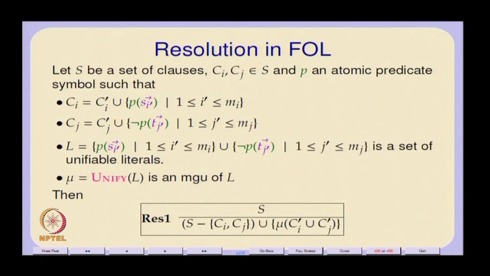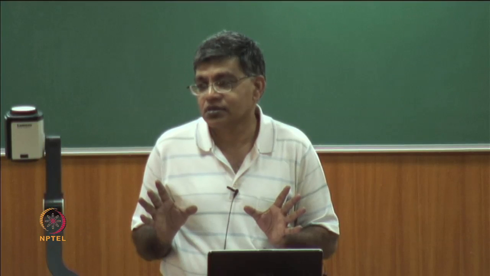But here it is deliberate. It is not even that you choose all possible terms with P in it here and all possible terms with not P in it here. No. It is not even that you choose a maximal subset which is unifiable. No, not even that. You choose some unifiable subset. That is it.